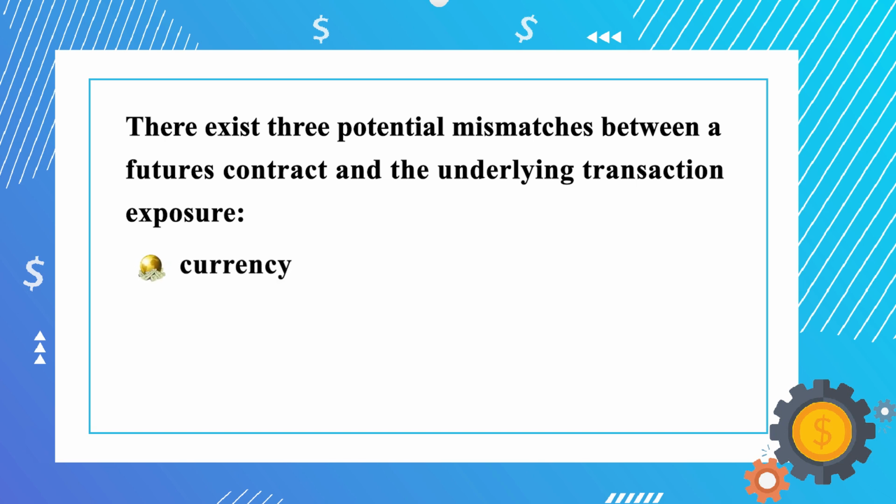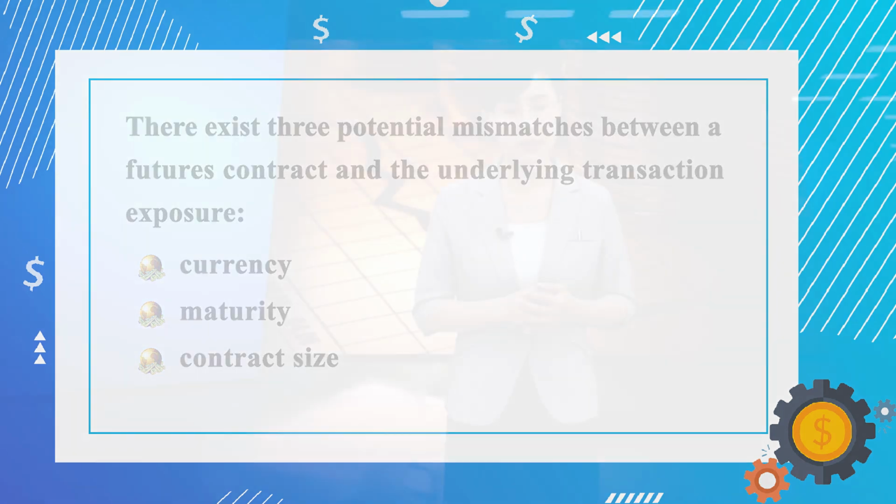Currency mismatch: there may not be a futures contract in the currency that you would like to hedge. Maturity mismatch: there may not be a futures contract expiring on the same day as your underlying transaction exposure. Contract size mismatch: the underlying transaction exposure may not be an even increment of the existing futures contract.